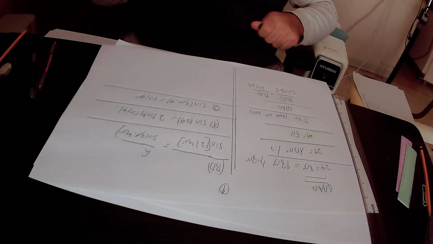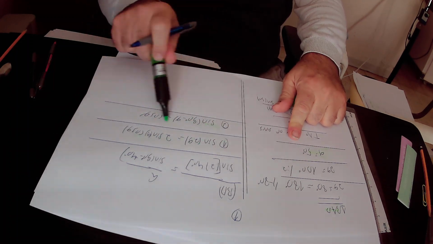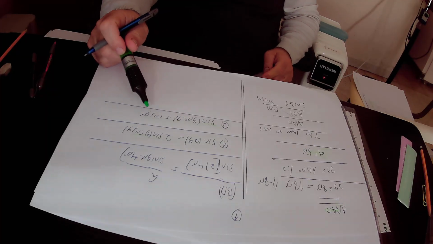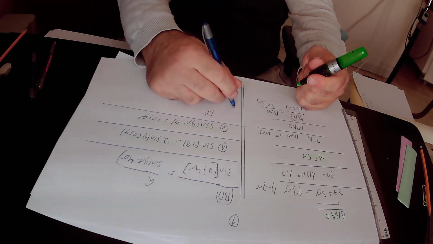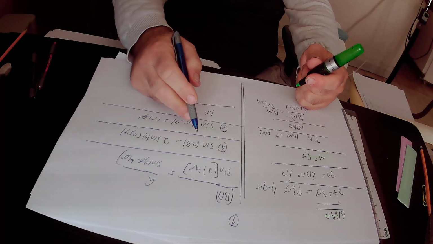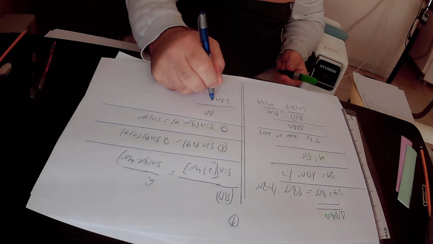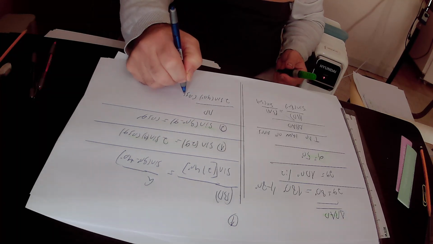According to the first trigonometric identity, sine 2 alpha equals 2 times sine alpha cosine alpha. Sine 2 times 40 degrees equals 2 times sine 40 degrees times cosine 40 degrees.